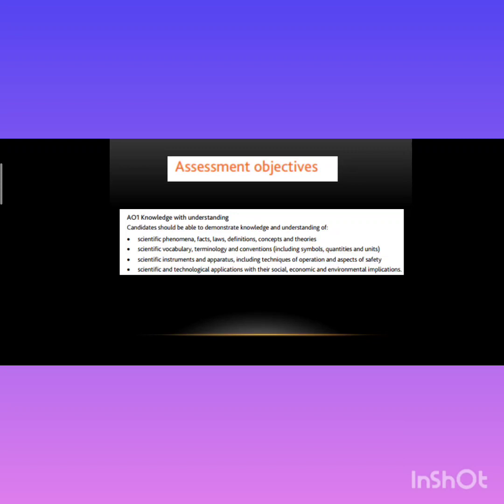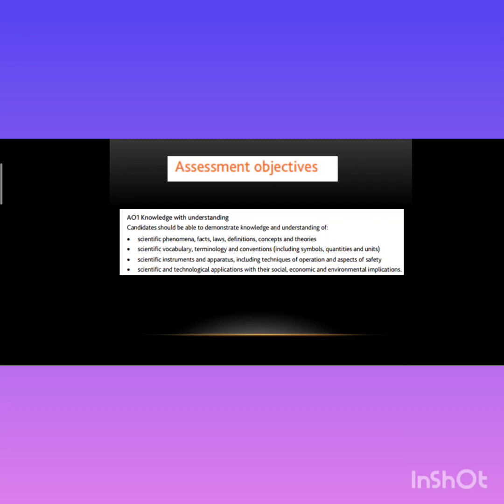Then they can ask you scientific vocabulary, labeling would come, terminologies and conventions including symbols, quantities and units could be asked. Then they can ask you about instruments and apparatus, including techniques of operation, aspects of safety. For example, they can ask you about the technique called filtration, or chromatography or titration, or any other techniques, and the knowledge part of those techniques could be asked in this assessment objective 1.